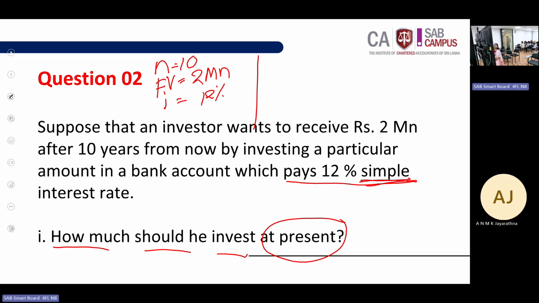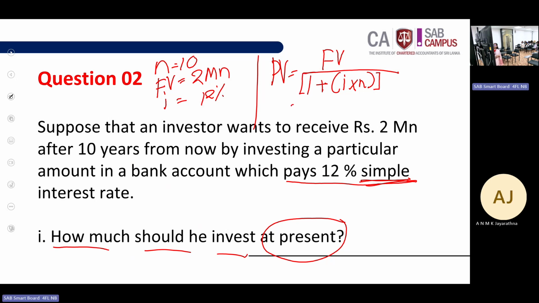Nothing new here. Present value equals future value divided by 1 plus interest rate multiplied by number of years.